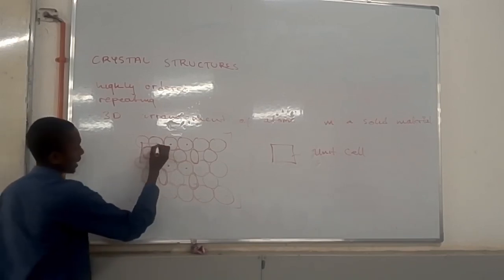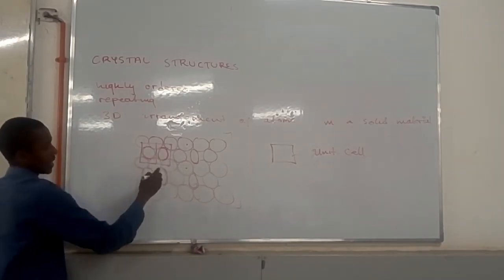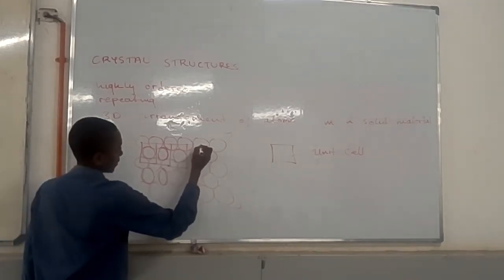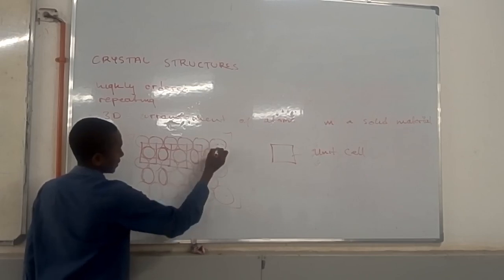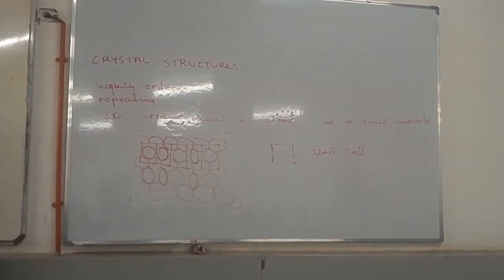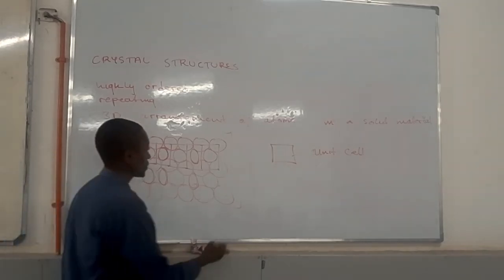I repeat it again here. You see? I get it again. I repeat it. Center, center. Are you seeing the unit cell? If I were to get this and write it on its own, it would appear like this.